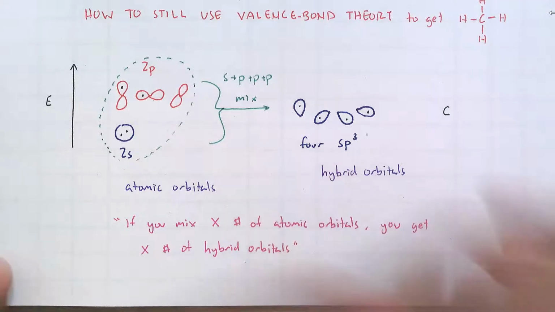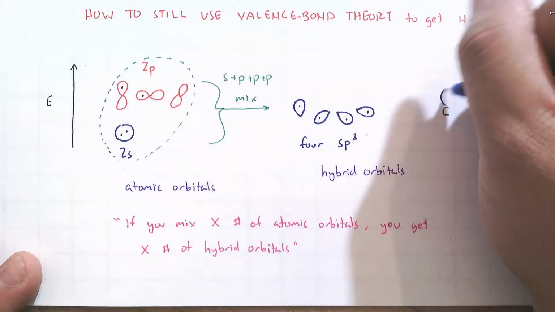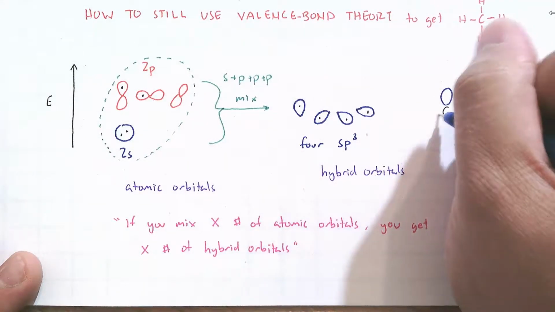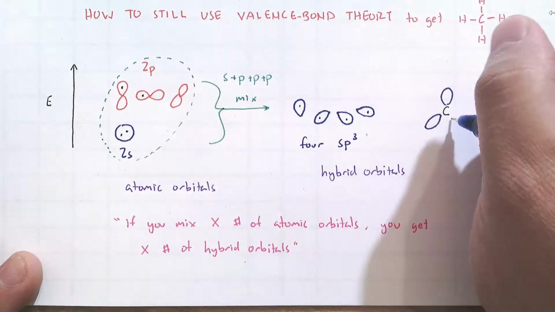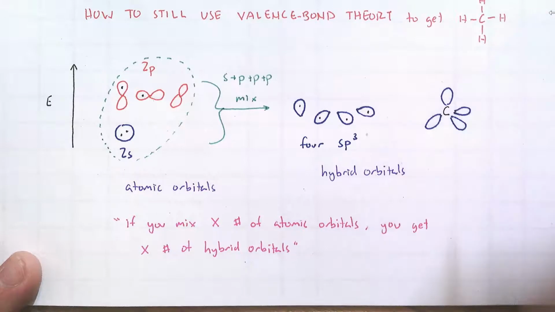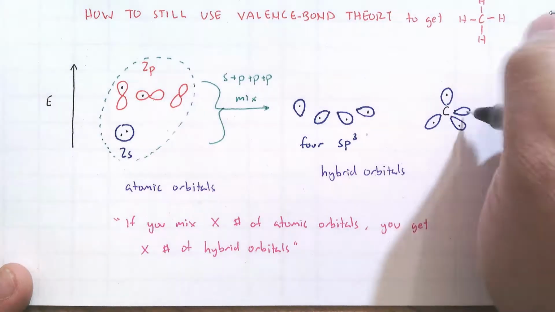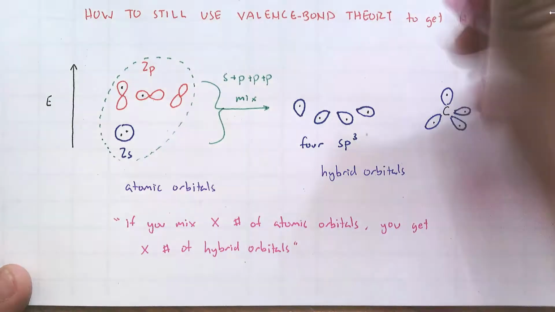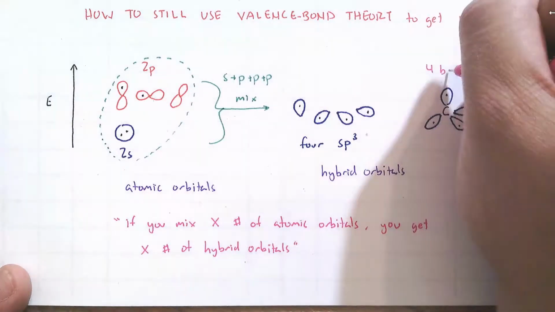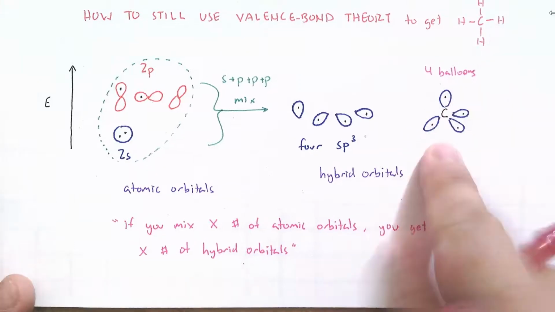Now when I put it all together on a carbon nucleus, we have 1 up, 1 to the left, 1 kind of towards us, and 1 away from us. You see how this looks like 4 balloons? And how do you separate 4 balloons so they're as far apart from each other as possible? Tetrahedral.